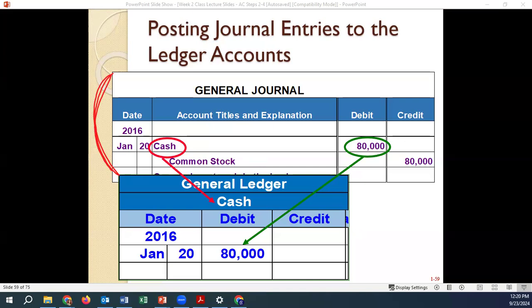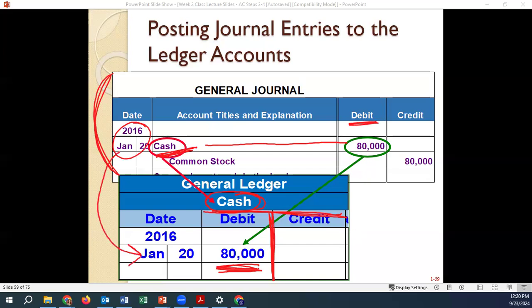So we're going to pull the cash ledger, or the cash file folder here. And if you notice, the cash account in the journal entry has a debit of 80,000. So we're going to file that 80,000 here on the debit side. Debit and debit. And then of course, we want to date that transaction in case we ever need to cross-reference back. So we have the date there.